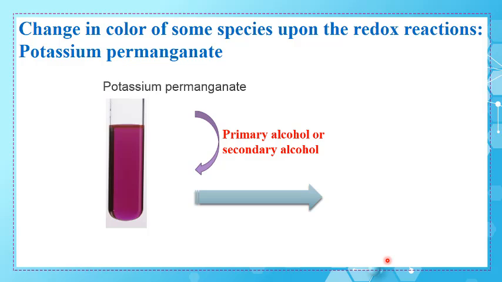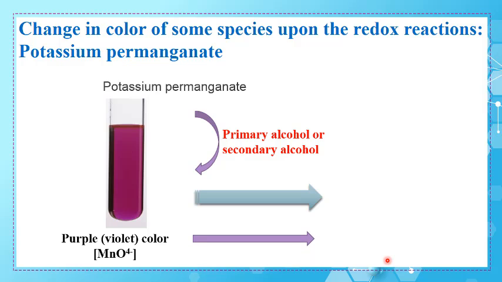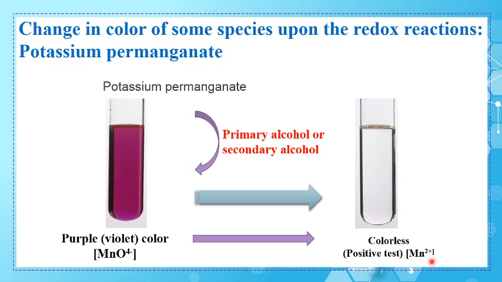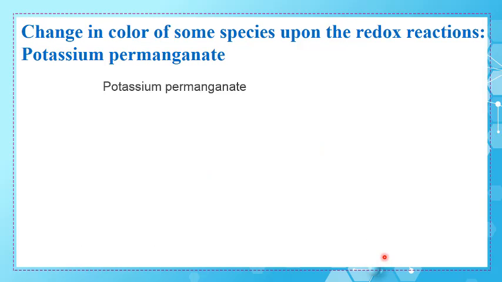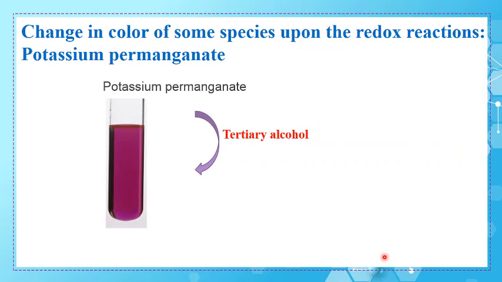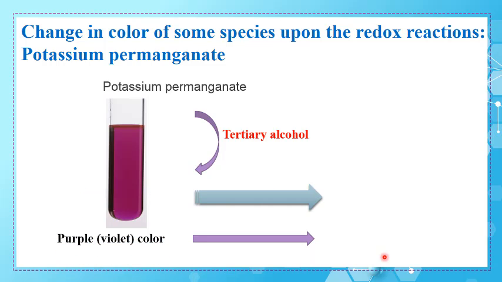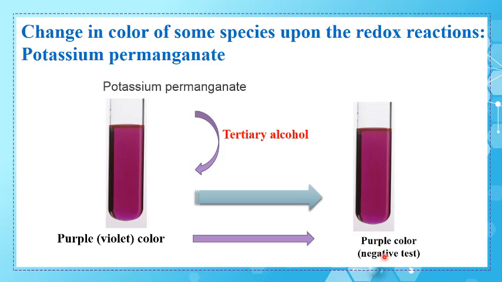When added to primary or secondary alcohol, the purple or violet color of MnO4- will change, because MnO4- becomes what? Becomes Mn2+. So a colorless solution will be obtained, indicating that the test is positive. While potassium permanganate, that is violet, in the presence of tertiary alcohol doesn't undergo mild oxidation, so no change in color. The purple or violet color stays the same, and no reaction will occur.